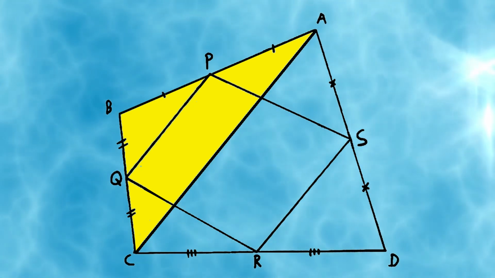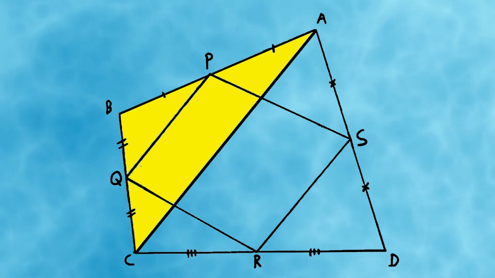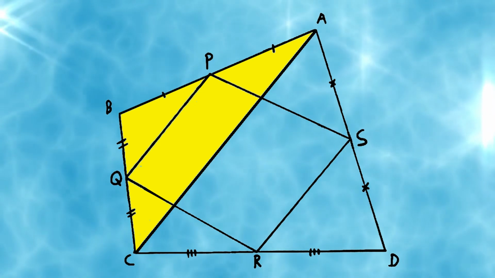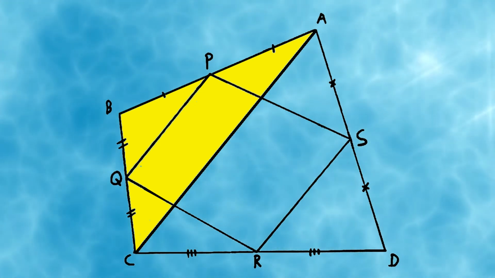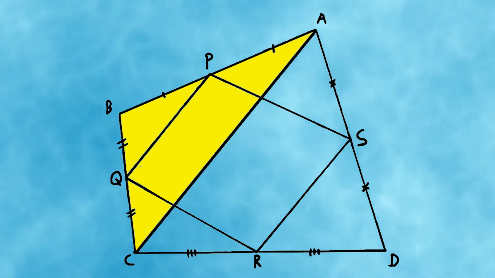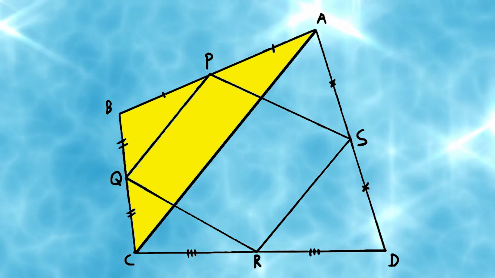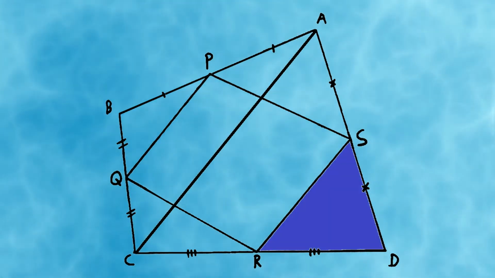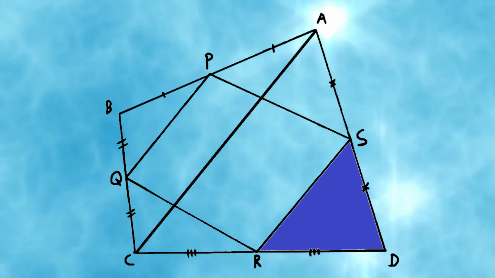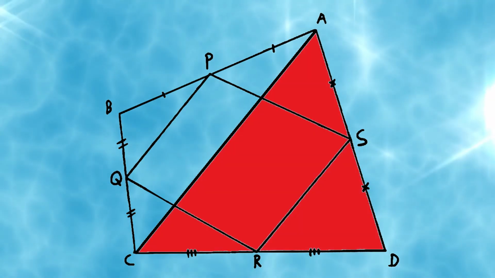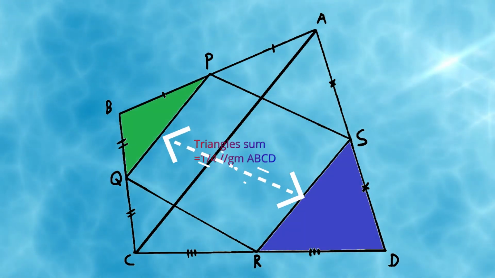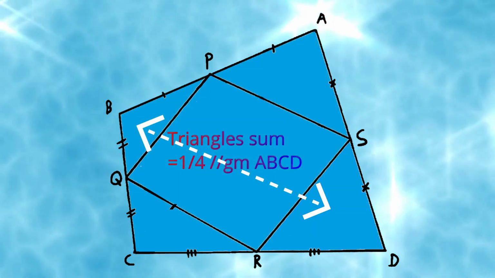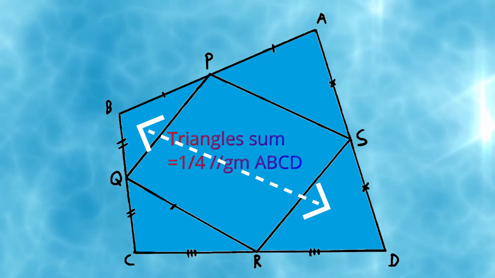Now see, this yellow triangle is not necessarily half in area of the entire quadrilateral, but this yellow triangle and the triangle ACD make the whole quadrilateral. Similarly, the blue triangle RSD is also 1/4 in area of the red triangle ACD. So these two triangles together are definitely 1/4 of the entire quadrilateral.